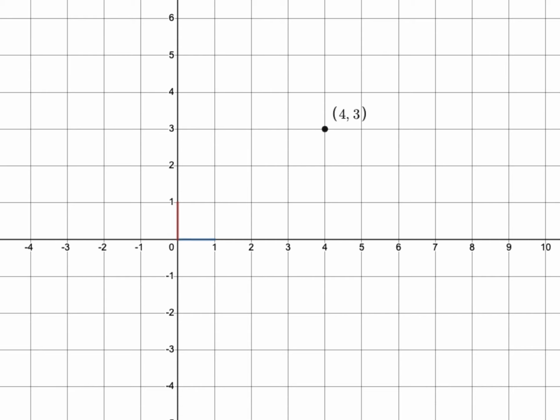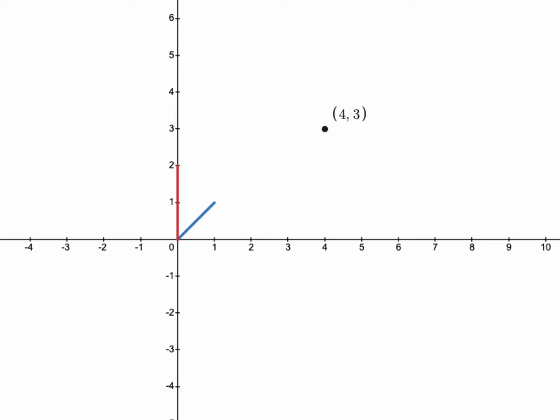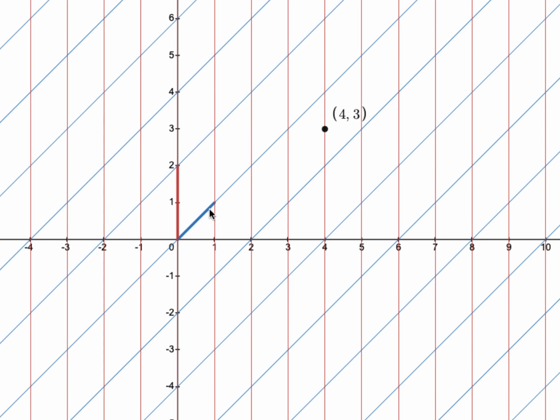But what if we change the basis vectors to these vectors? This was basis 2. Well, this grid no longer feels relevant, and so we want to hide the grid and replace it with a new grid in terms of these basis vectors. And if the goal is still to arrive at this location, then we have to ask ourselves, how many blocks, and these are parallelogram blocks, or how many copies of vector blue do we need to get directly above this vector 4, 3?